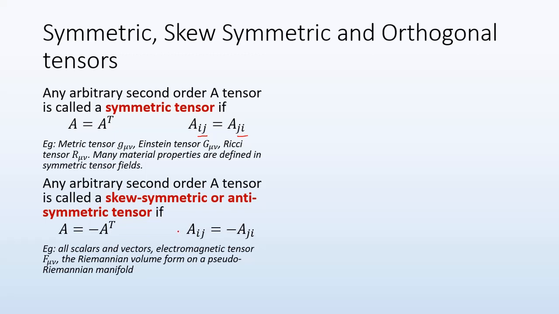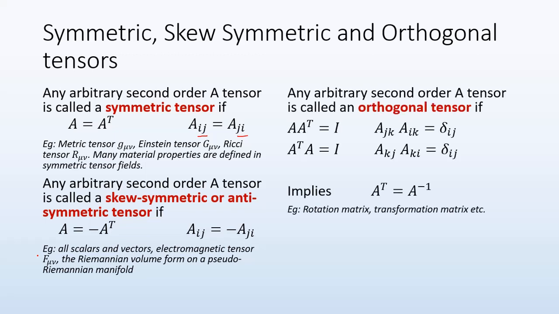The electromagnetic tensor F mu nu, we have done this in our first lecture video, hope you remember. And also whatever comes in the pseudo-Riemannian manifold, you will learn this in your general relativity course, are also skew symmetric tensors. Not everything in the pseudo-Riemannian manifold, just some tensors such as the volume which is defined in it.